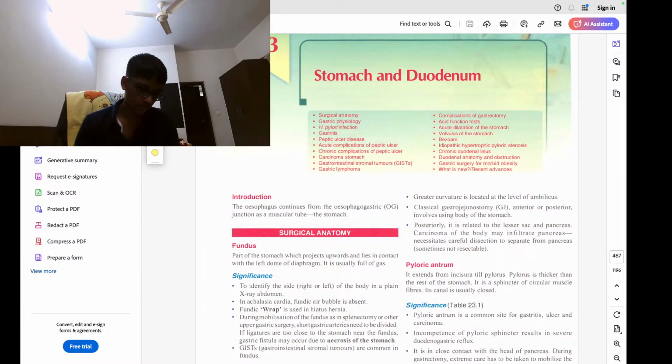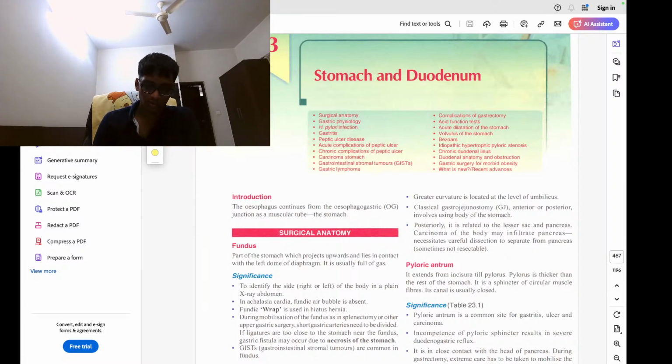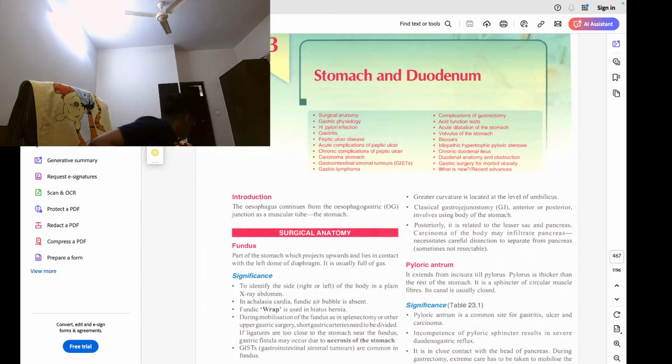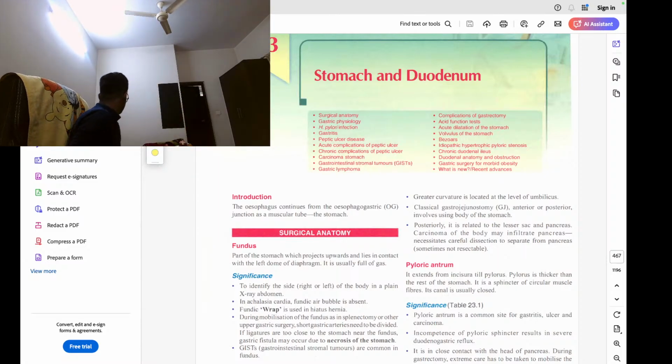Let's see, general surgery, stomach you need to study. Gallbladder, spleen, pancreas, normal umbilicus. Start with stomach.